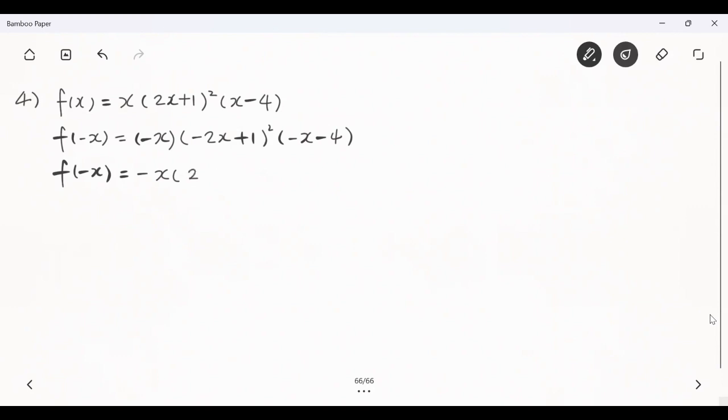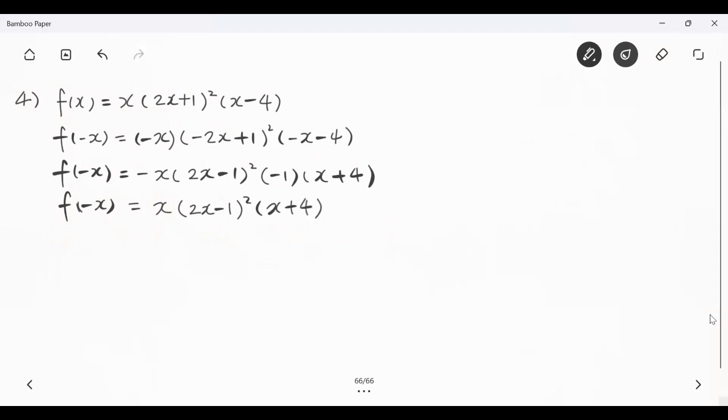With 2x minus 1 squared, and x minus 4, take the negative 1 out, is x plus 4. Right? So f negative x equal, negative times negative become positive, so x times 2x minus 1 squared and x plus 4. So we compare the last expression and the original.